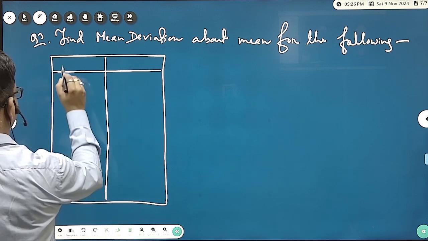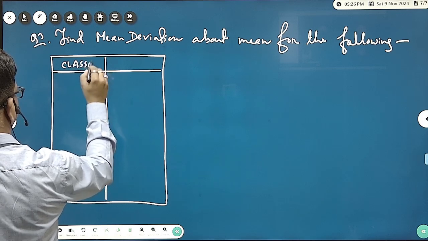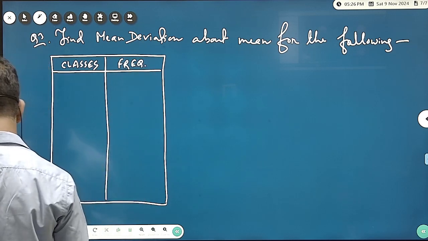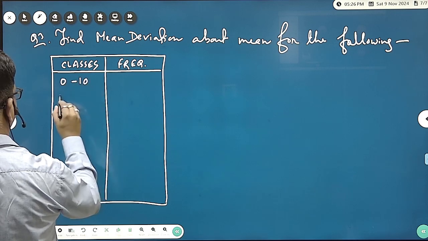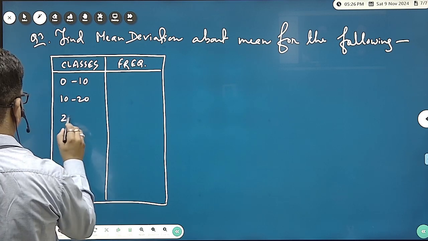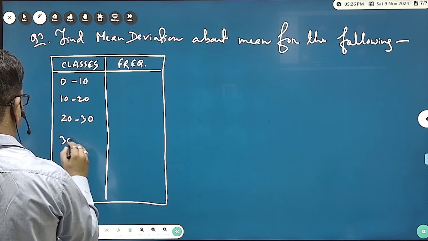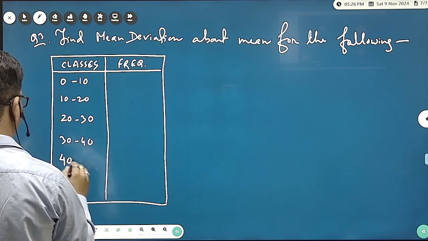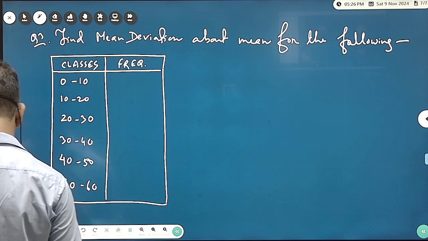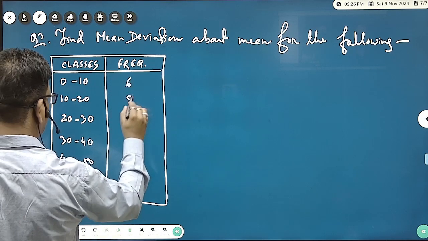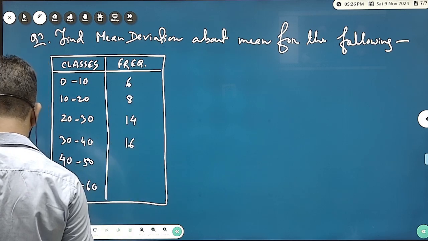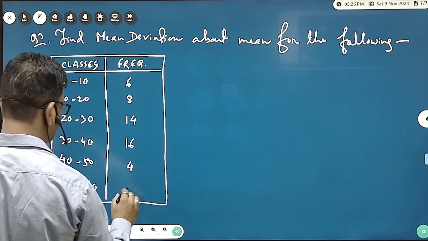So 0 to 10, these are classes, and these are frequencies. Suppose we have 0 to 10, 10 to 20, 20 to 30, 30 to 40, 40 to 50, and finally 50 to 60. And we have the frequencies 6, 8, 14, 16, then 4 and 2.